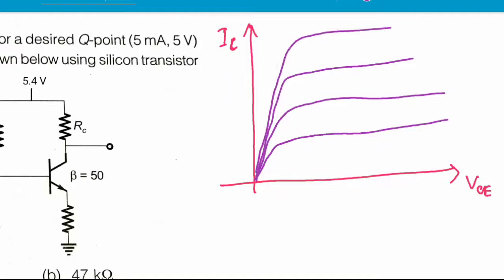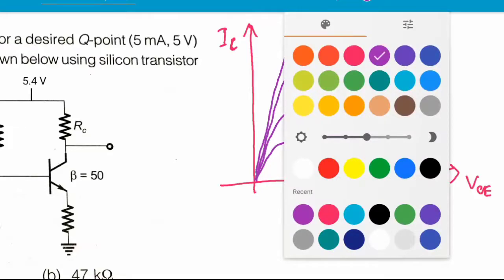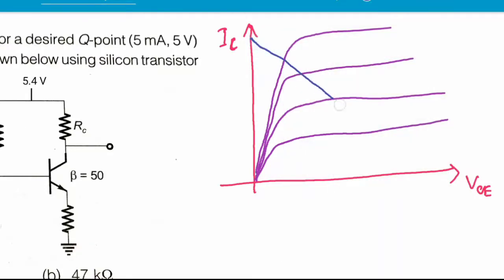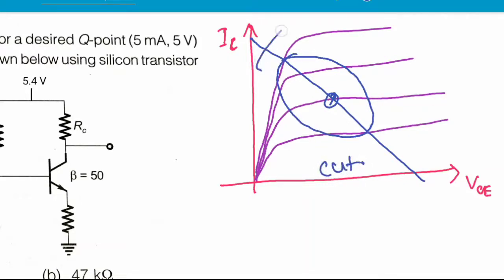And what is Q point? Suppose this is the operating line, not curved. In case of amplifying operation, it operates only in this region, that means not in the cutoff region, not in the saturation region, only in the active region.